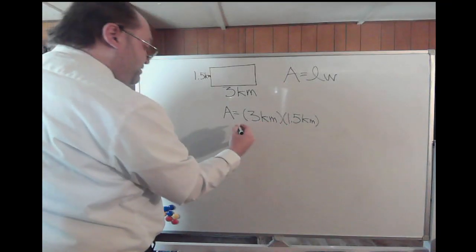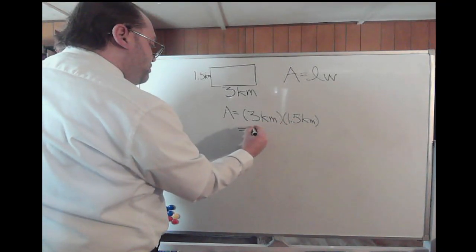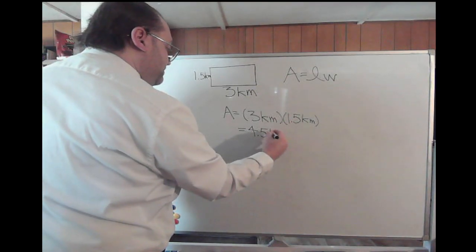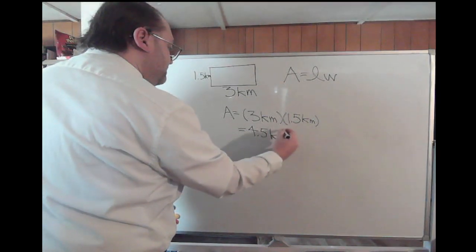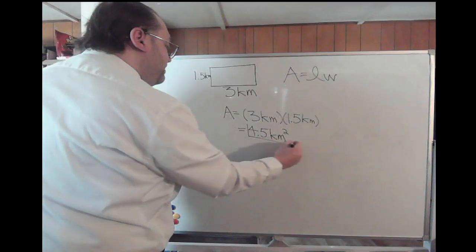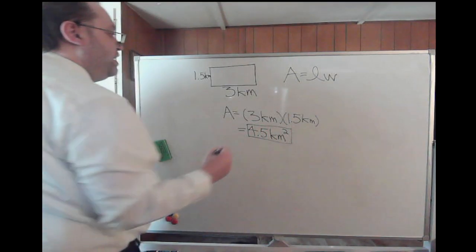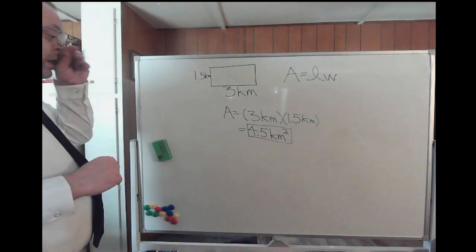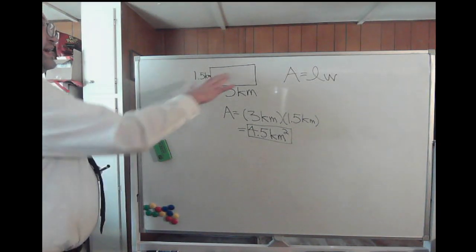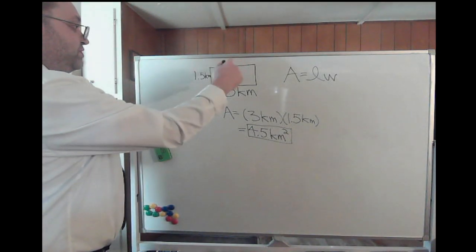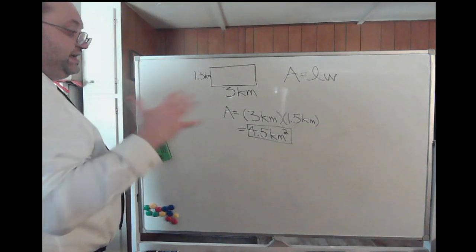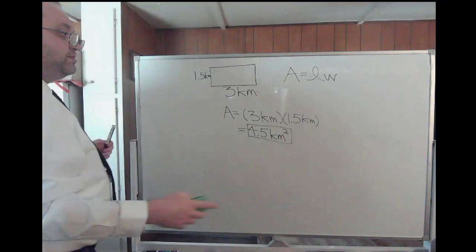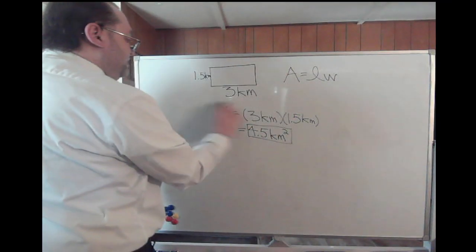Now you multiply 3 times 1.5, which is 4.5. Then you've got kilometers times kilometers, which would make it kilometers squared, to the second power. So the area of this rectangle is 4.5 kilometers squared. So really all you do to find the area, the whole coverage of the area, is to multiply, and then you'll have your unit squared. So you multiply length times the width, that's it.